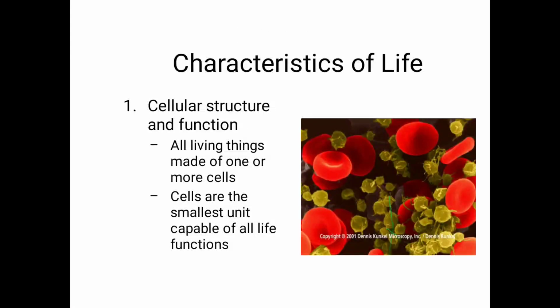So the first characteristic of all living organisms is that they have cellular structure and function. So when we say cellular structure and function, living organisms have components that are similar all throughout other forms of living organisms. So here, it says all living things are made up of one or more cells. What does it mean? Some organisms have just one cell making up their body, and they are already living.